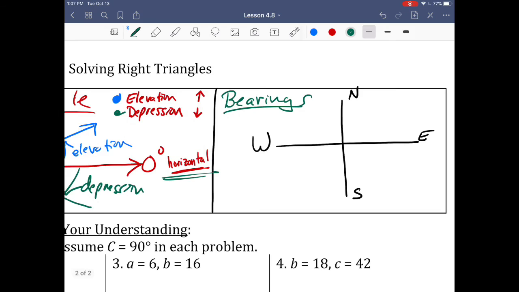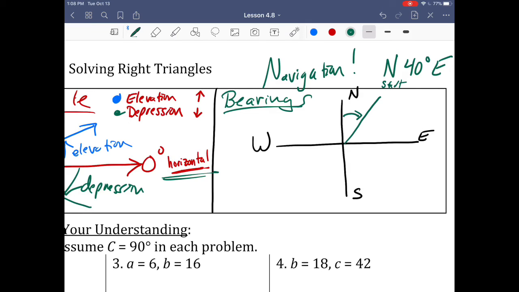Last thing was a bearing. A bearing was a navigational term, and it simply gives a reference point, an angle towards another direction. So north 40 degrees east would be starting at north and turning 40 degrees towards the east.